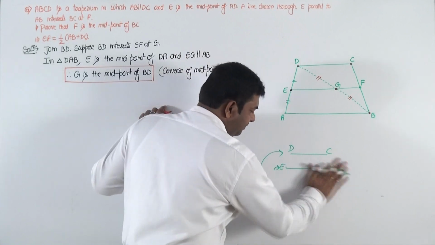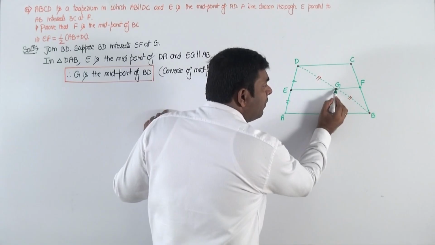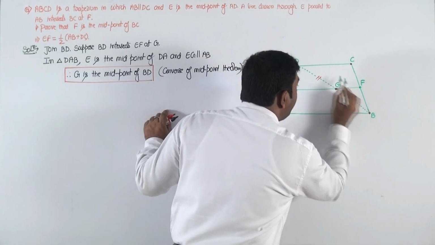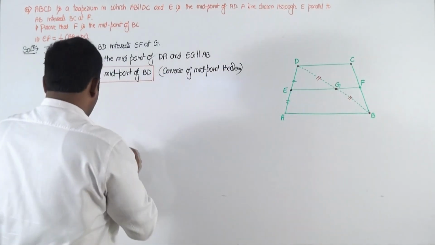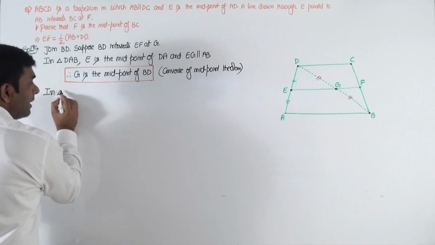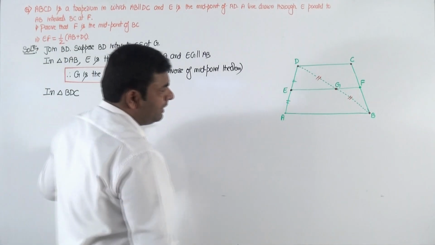That is the concept. So here G is the midpoint of what? BD, and GF is parallel to DC. So that I write it here. In triangle BDC, ये वाला.